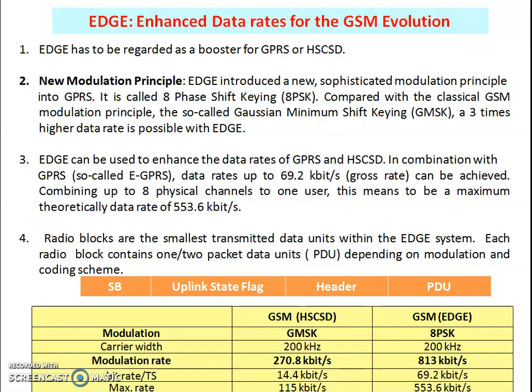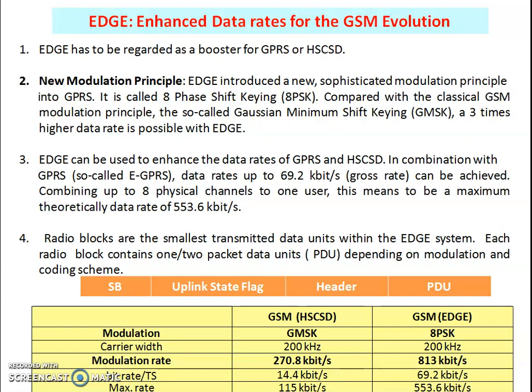It is called 8PSK, 8-phase shift keying. Compared with the classical GSM modulation principle, the so-called Gaussian minimum shift keying, GMSK, a 3 times higher data rate is possible with EDGE technology.